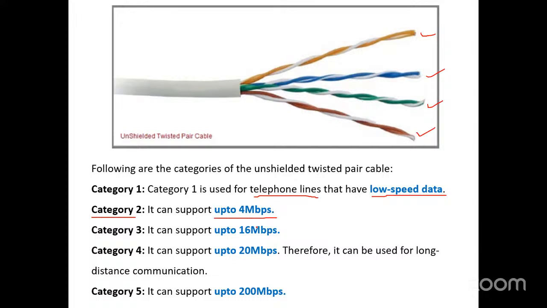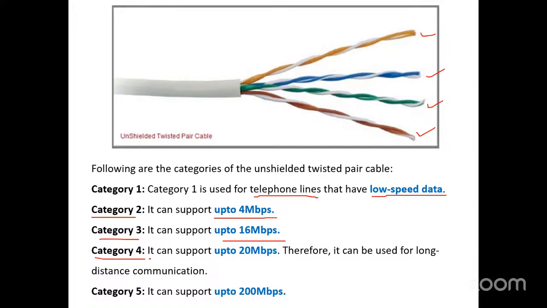It has better speed than category 1. Category 3 has a greater speed compared to category 2, four times: here that is 16. The capacity of category 3 is up to 16 Mbps.